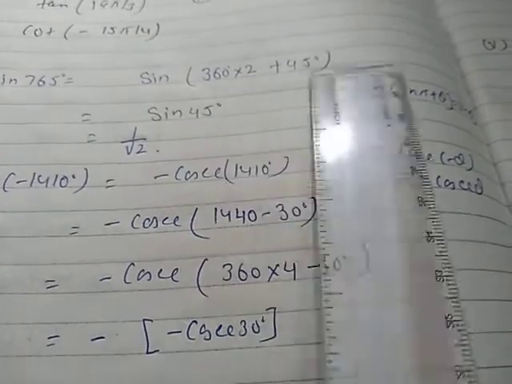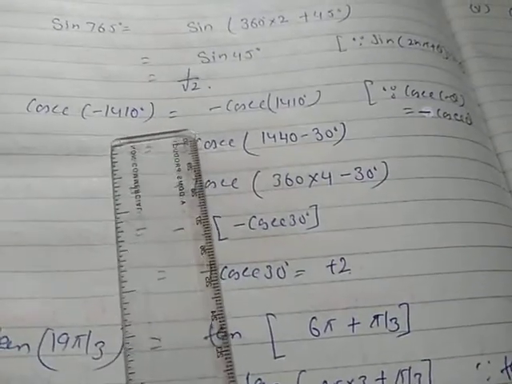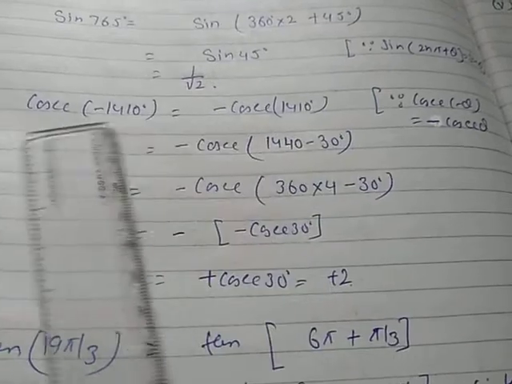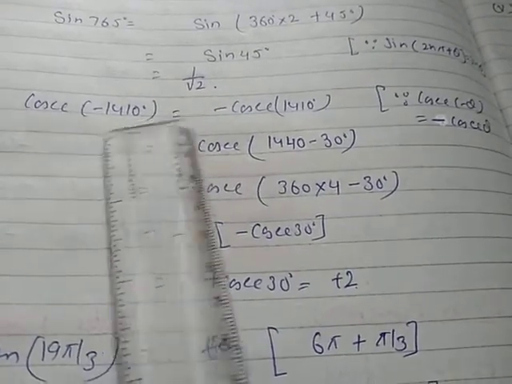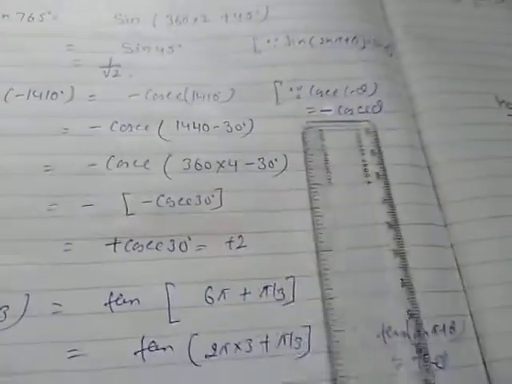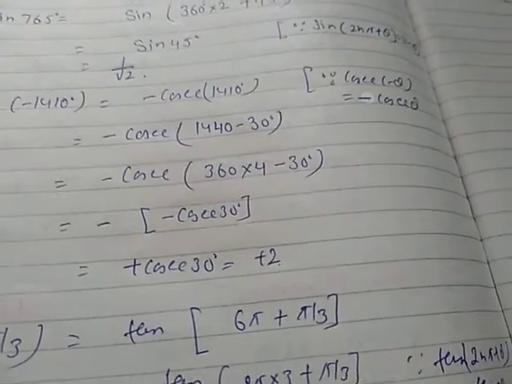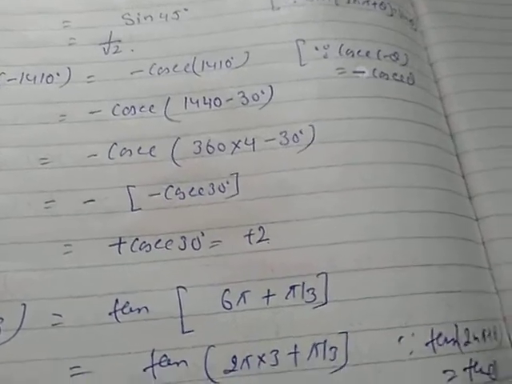Now, children, here it is a periodic function. Now, cosec minus 1410 degree. First of all, since it is cosec of minus theta, therefore it is minus cosec theta. It is an odd function. Here I have written cosec of minus theta is minus cosec theta. Now 1410 degree can be converted into a multiple of pi or 2 pi.